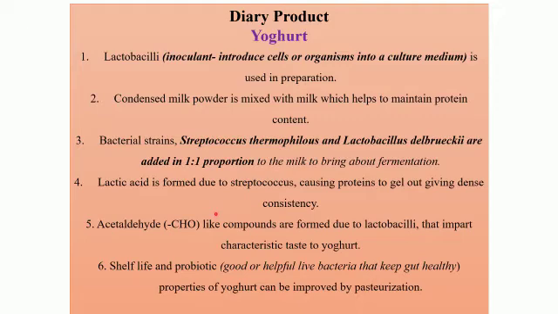So the Streptococcus strain here is responsible for the conversion of lactose to lactic acid, and finally this lactic acid causes the proteins to gel out or coagulate, and dense consistency is formed.